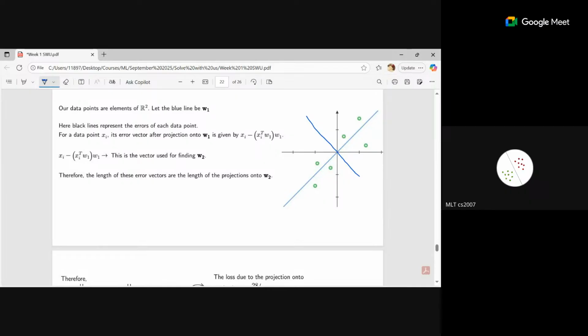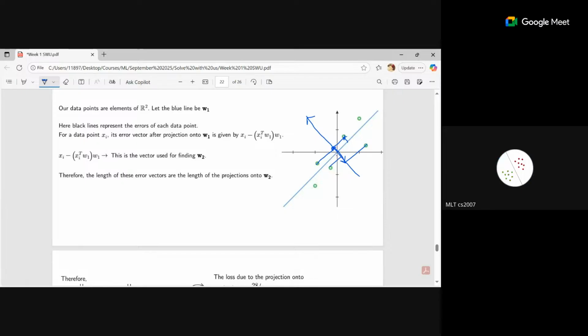So what is your error vector first of all? If this is my data point, this is my error vector. Now what are we saying? The lengths of these error vectors are the lengths of the projections onto W2. So if you project this onto my W2, this is the length of the projection onto W2. Maybe it's very tiny, so this is going to be the length.